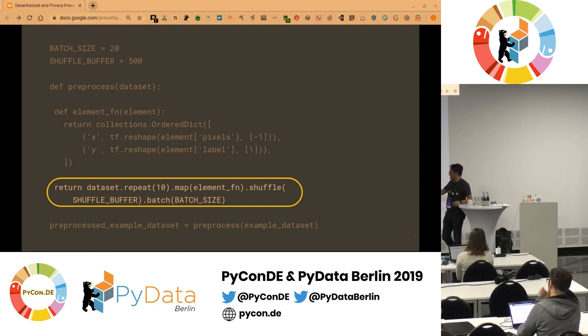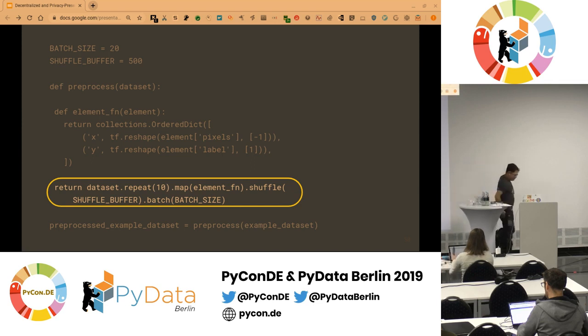I'm just trying to highlight that you can take the dataset, repeat it, and map it. In this particular case, the mapping takes the pixels and calls it X, and takes the label and calls it Y, I think to make it acceptable for Keras models, but roughly that's what it's doing.